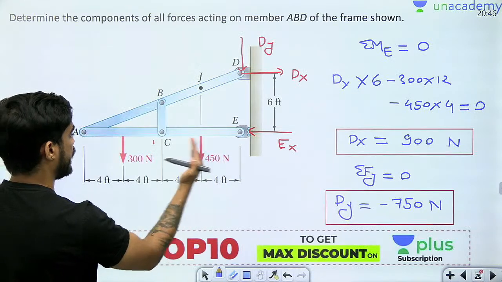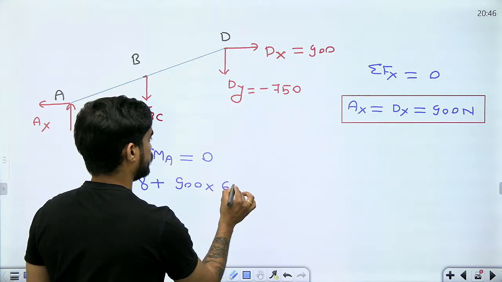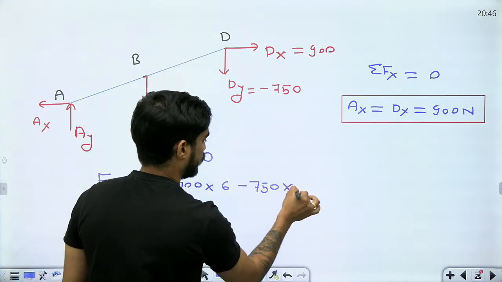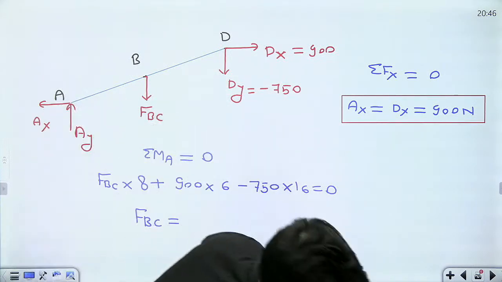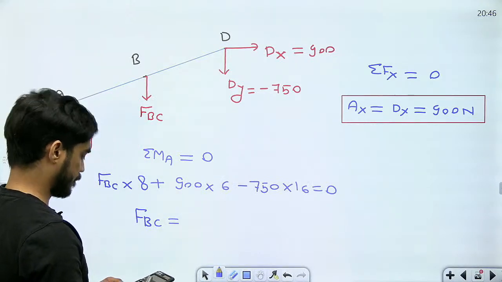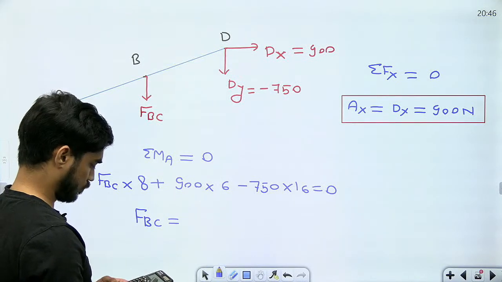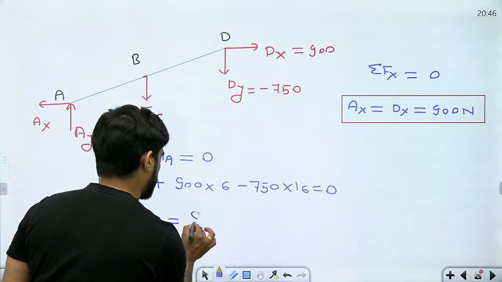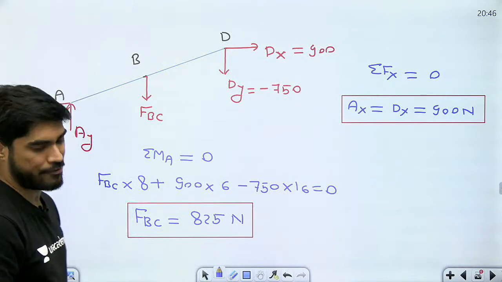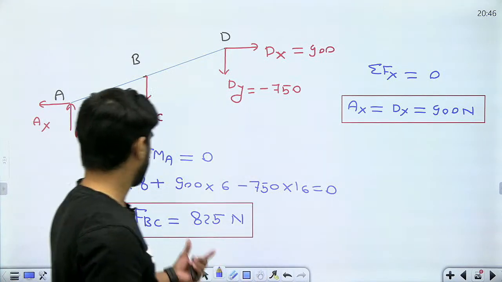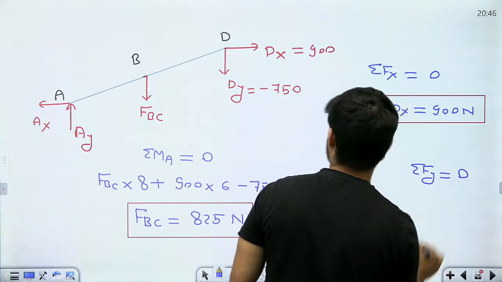Then the distance for DY will be 16. So from here I will get force in BC. What is force in BC? 825 Newton, and I am getting a positive value, means my direction of FBC is also right.